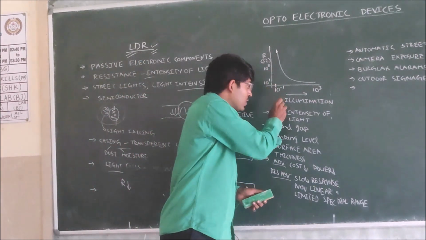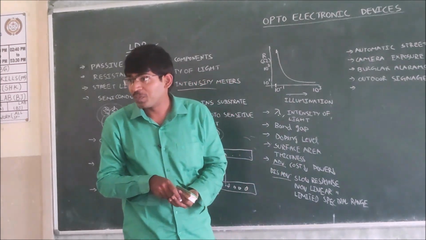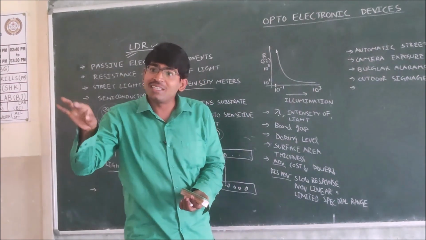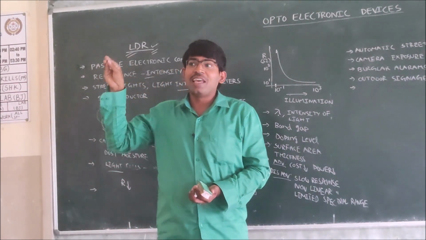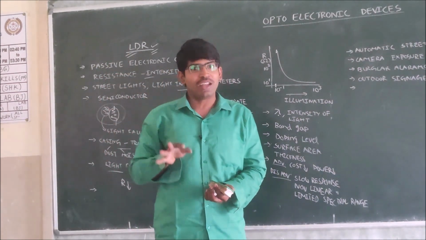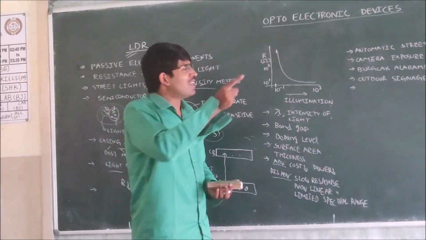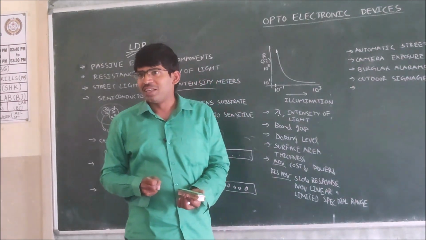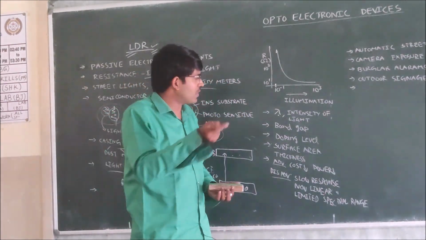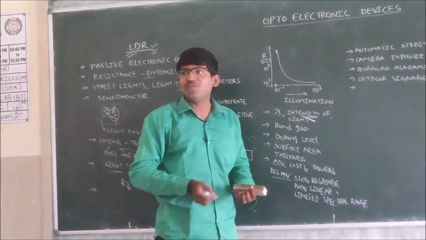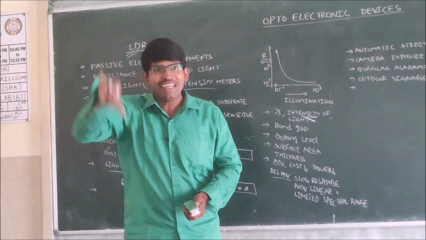So depending upon the wavelength of the light, the resistance also varies. The same amount of illumination is falling, but if the color of the light is changing, then also the resistance is changing.